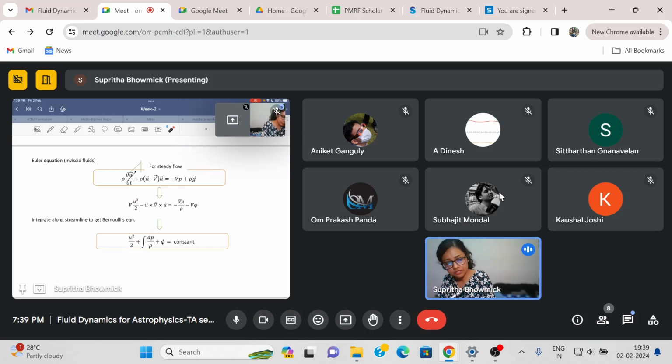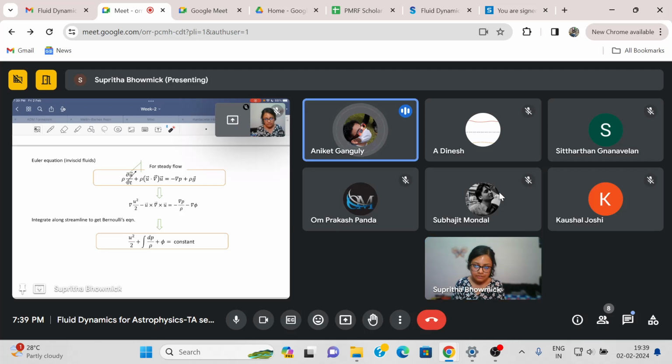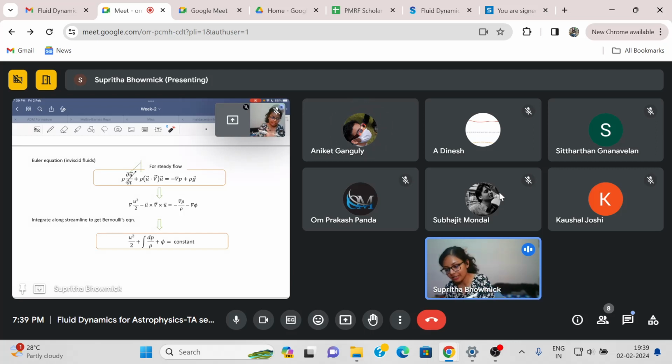Now, what about this term? Since we are dealing with non-viscous fluids, can we write curl of u equals 0? Yes, because it is irrotational. No, see, that's the discussion we just had: if you see that curl of u is 0, then you know that the fluid cannot be viscous, because viscosity always gives you a rotational flow.